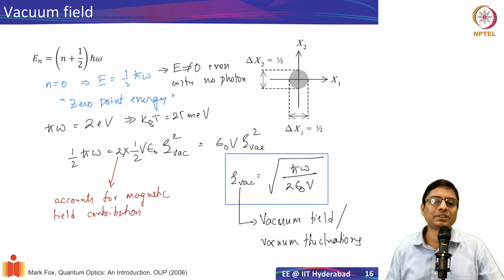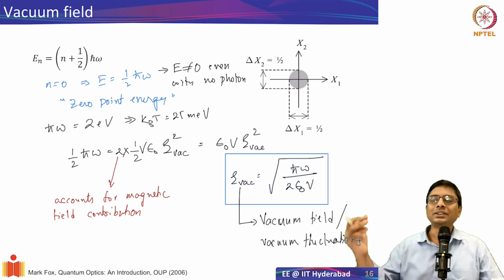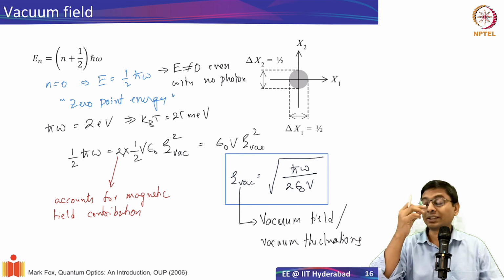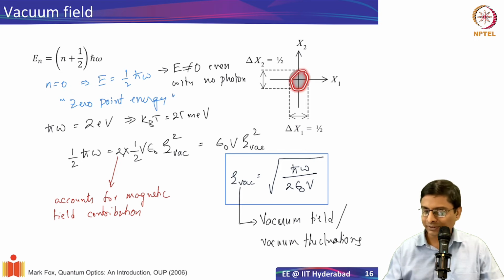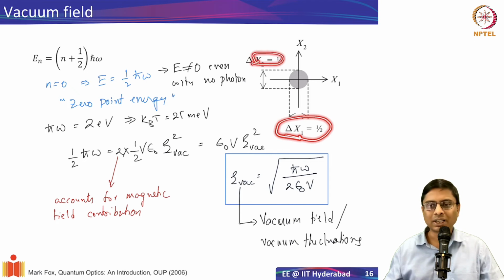And in terms of the phasor plot, let's say there's no electric field. The length of the phasor corresponds to the electric field. But when you have no photons, effectively your phasor plot becomes like this, wherein centered at 0, you have a certain amount of uncertainty in x1 and x2. They're both equal.